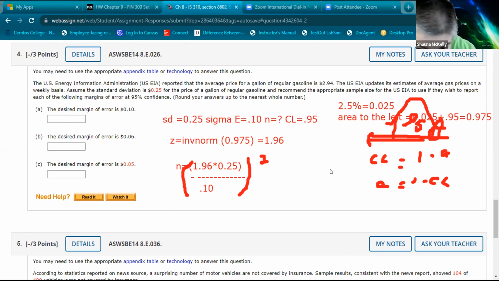So if I take 1.96 and I multiply it by 0.25, I get 0.49.